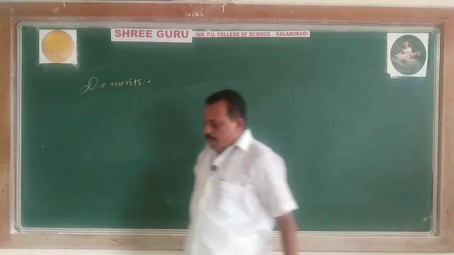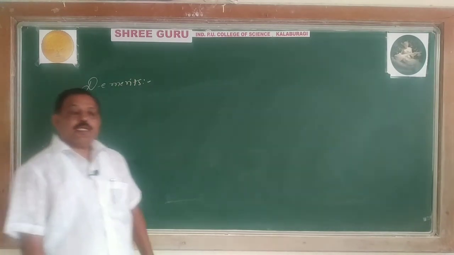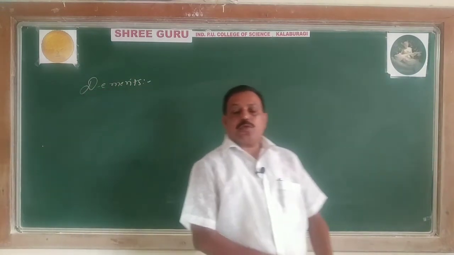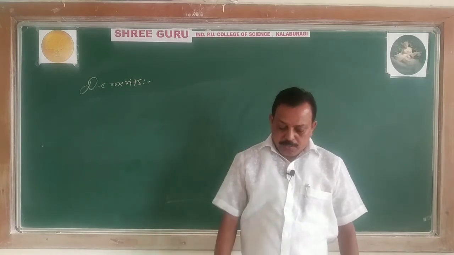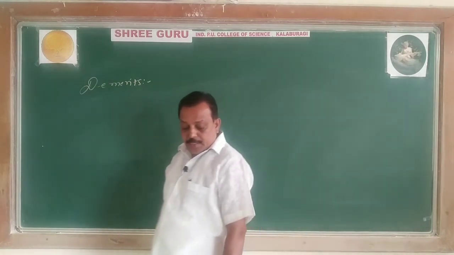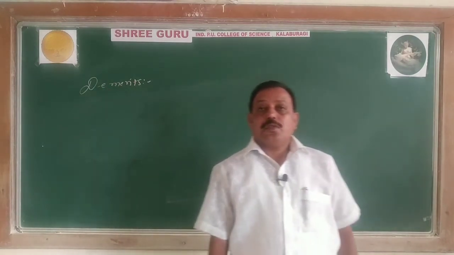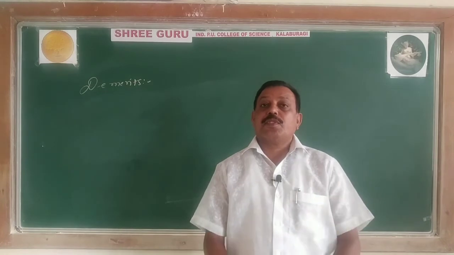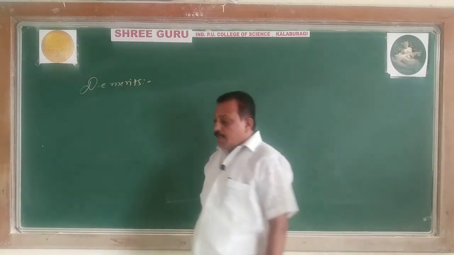In the demerits, next demerit: the electrons are revolving around the nucleus in circular orbits. There is a possibility of elliptical orbits also. This elliptical orbit concept of the revolution of the electron around the nucleus is not explained by Niels Bohr.